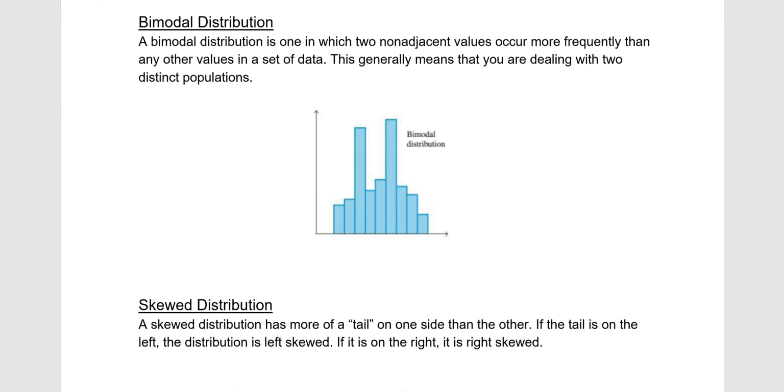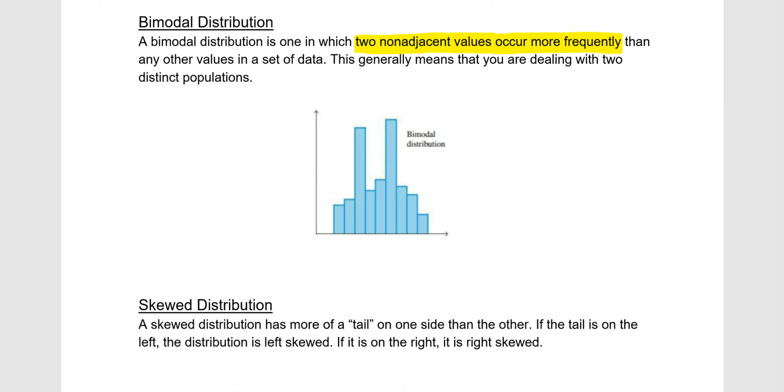And the next one is a bimodal distribution. A bimodal distribution is one where two non-adjacent values are going to occur more frequently than all of the other values in the data set. So typically this means that you're dealing with two distinct populations.